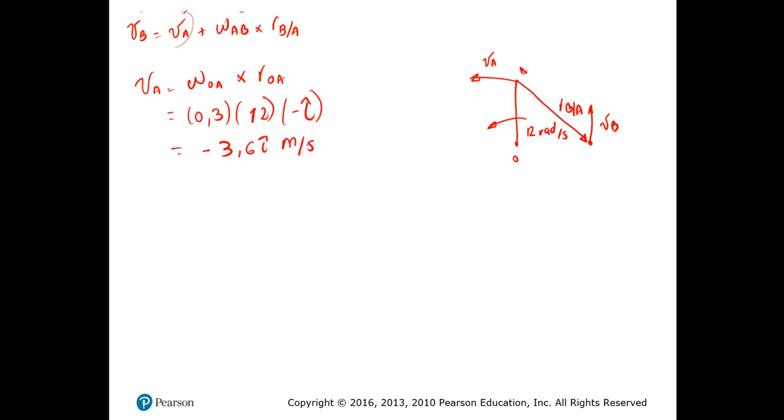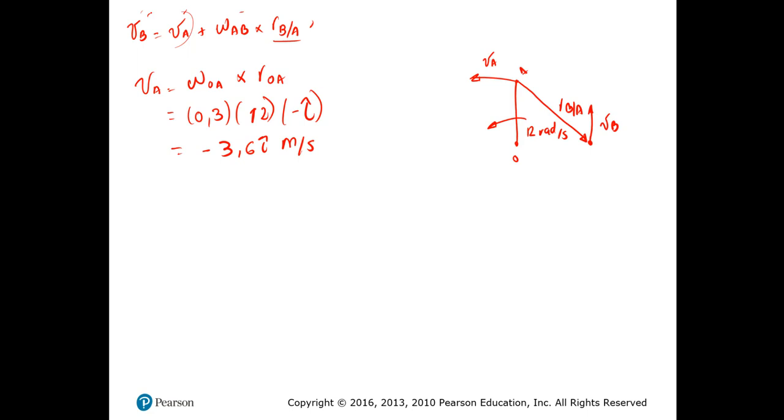Now that I have that value, it's easier to start, because I know the direction of V_B, which is going in the j direction.